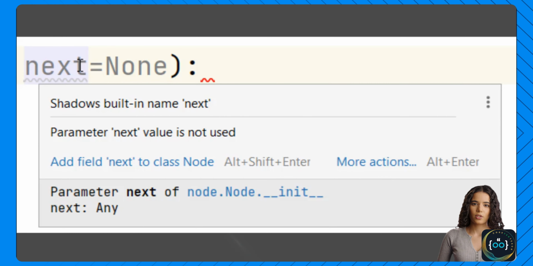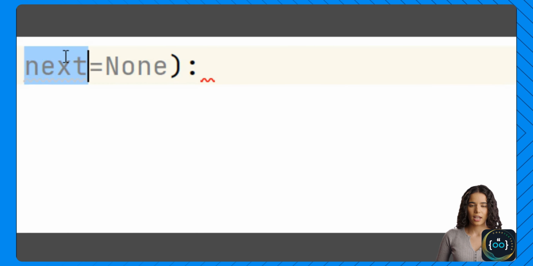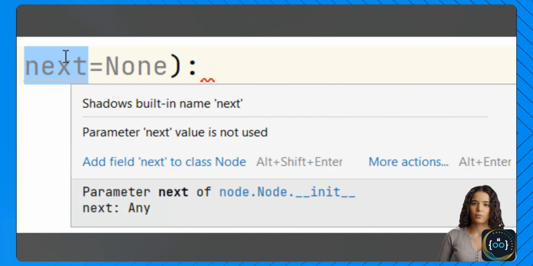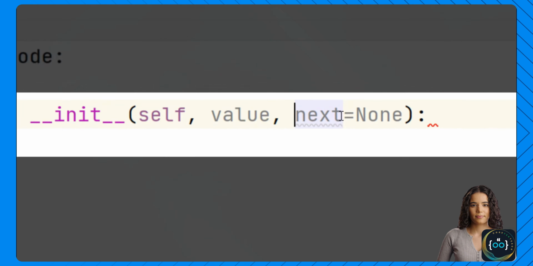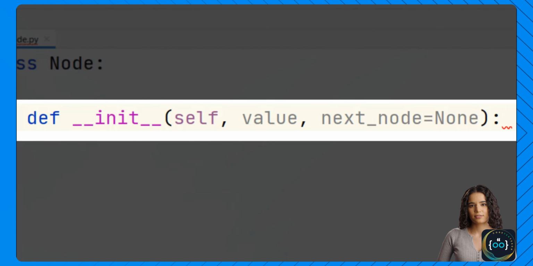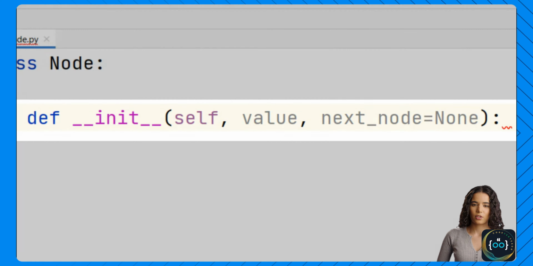And that is correct because in Python we have a function called next. And if we name this parameter next, we will not be able to use that function. You may choose to use this name, or you might like to adapt the name like this, next_node. This is still readable, it's understandable, and it's concise, and it solves that problem of shadowing a built-in name.